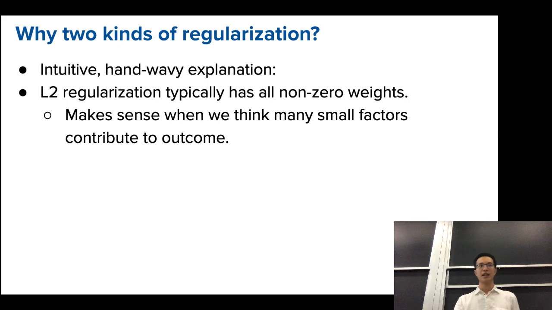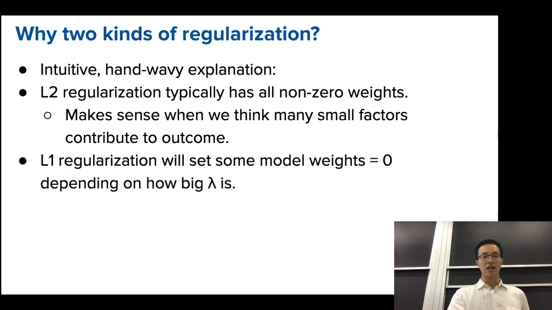Okay. And so we tend to use L2 regularization when we think that we have many small factors that contribute to the outcome. And you noticed in my demo that L1 regularization will set some model weights equal to 0, depending on how big lambda is. So if I set lambda equal to a large number, there will be many model weights that lasso regression will set exactly equal to 0.